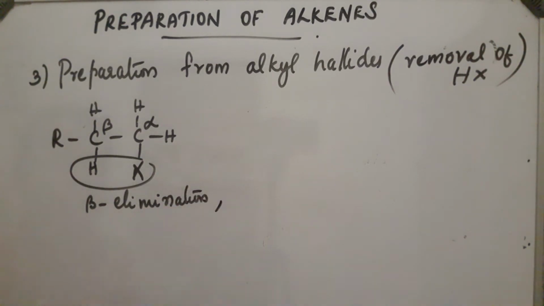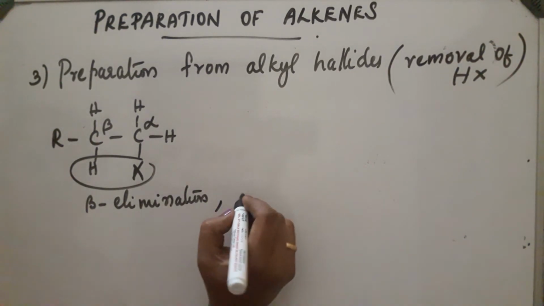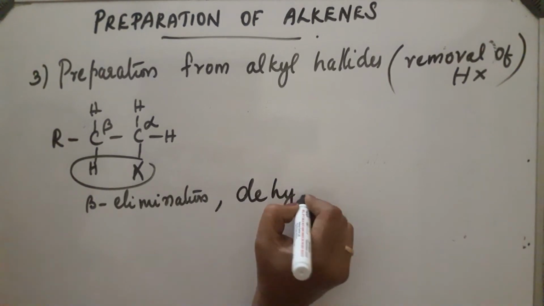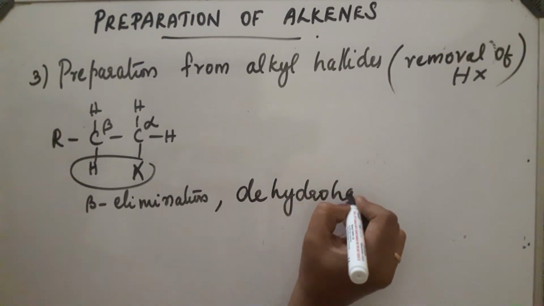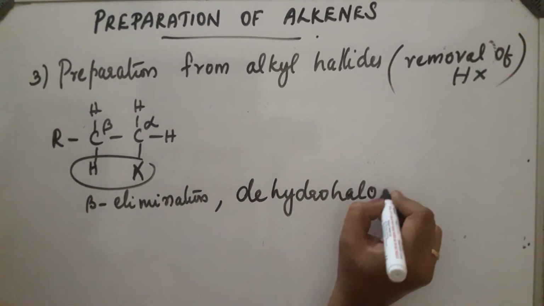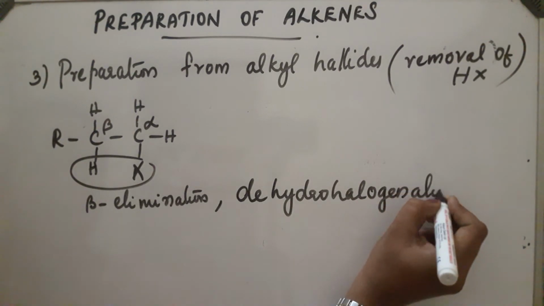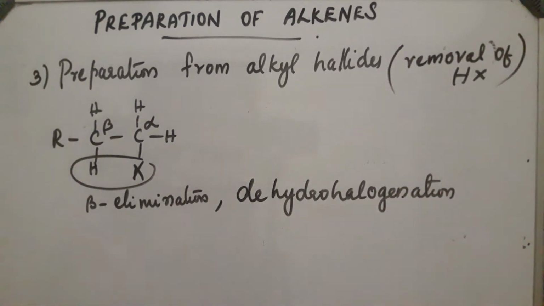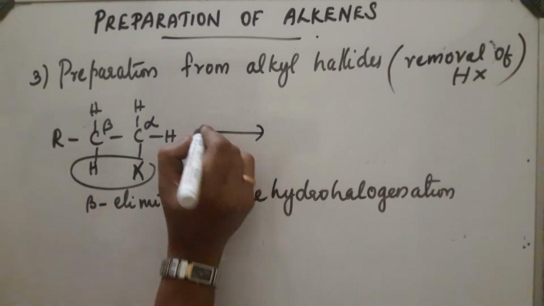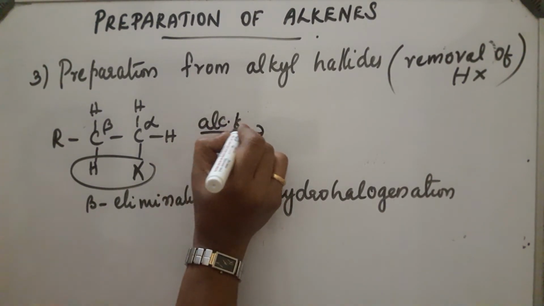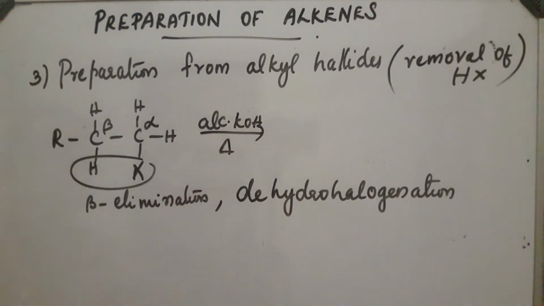Also, since hydrogen halide is removed, this is called a dehydrohalogenation reaction. The reaction takes place in the presence of alcoholic KOH on heating.